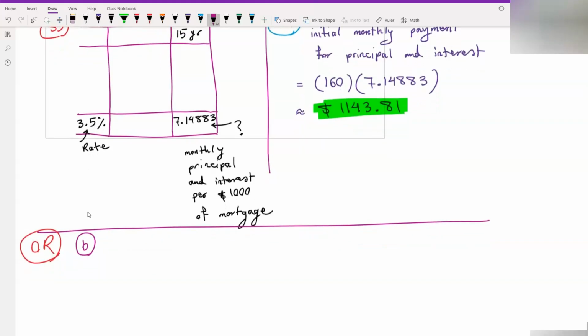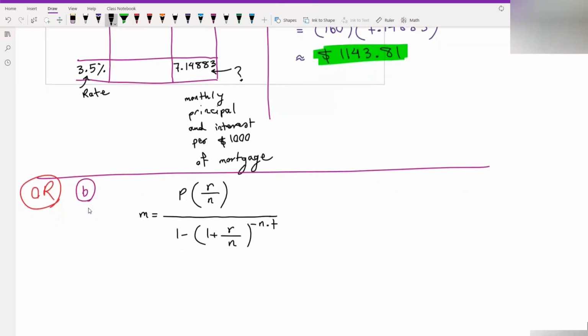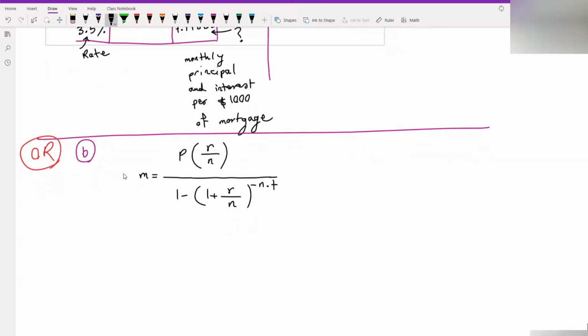Here again we have part B, finding M. On top, we have P times R divided by N, divided by 1 minus (1 plus R over N) to the power of negative N times T. Our principal, our mortgage, was $160,000.